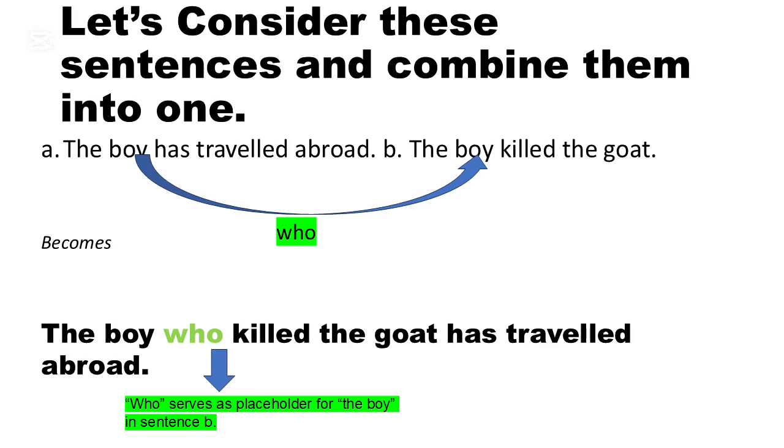This is what we mean by who serving as a placeholder, because who has been used to connect the two sentences together, and at the same time it refers to the boy. That is, it takes the place of the boy.